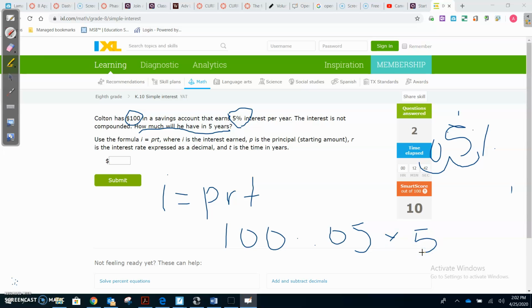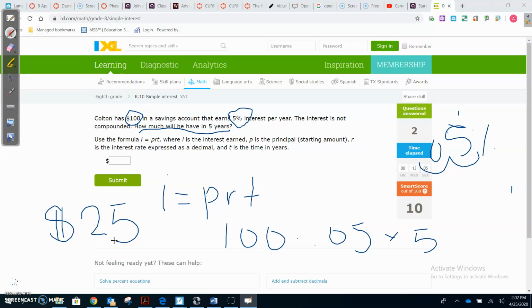So in our calculator, we're putting 100 times 0.05 times 5. When we do that, I got $25. I hope you did too.